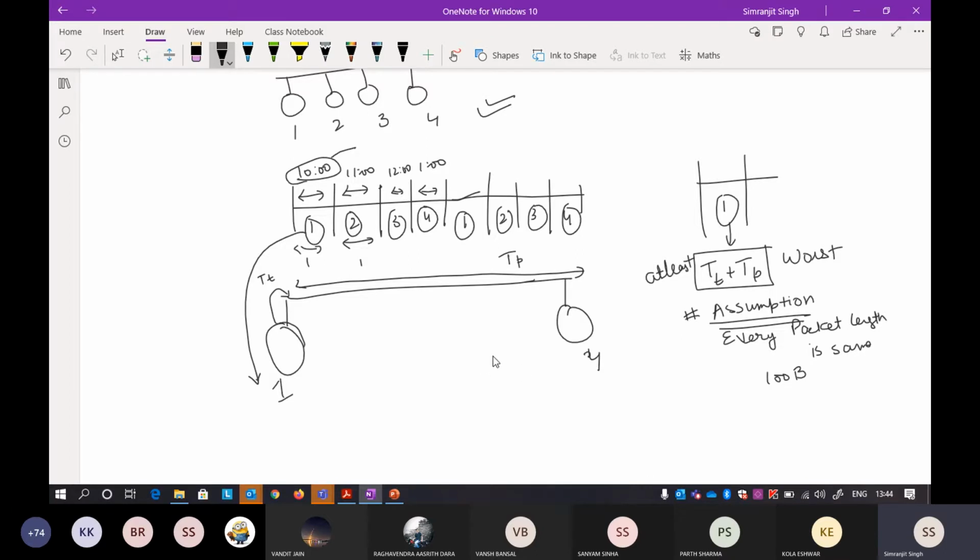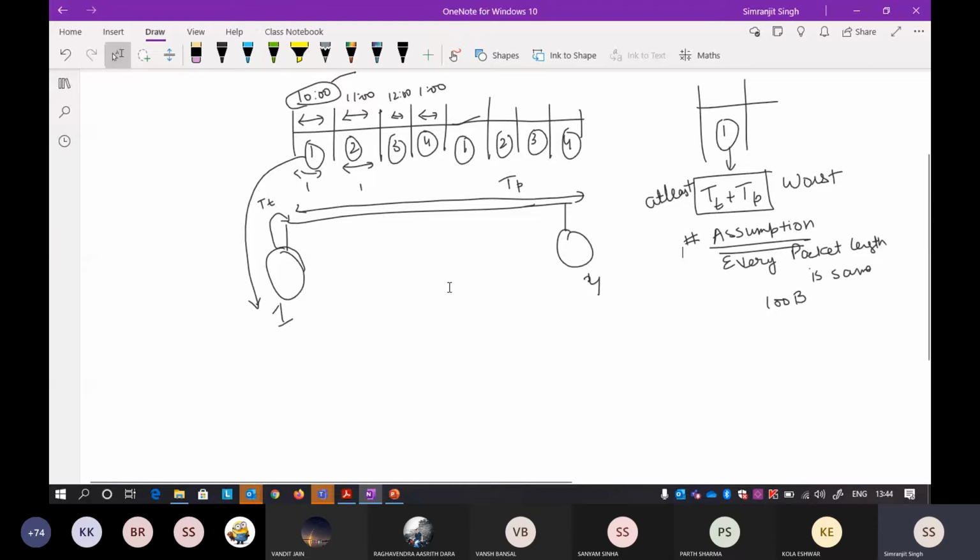At one time only one station can access the link, and for how much time this particular station can access the link, it will be TT plus TP. Station one will get its turn for at least TT plus TP amount of time. Station two will get its turn for at least TP plus TT amount of time.